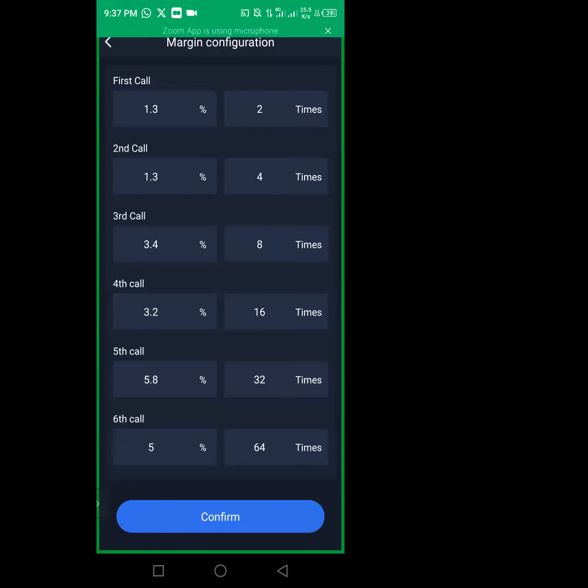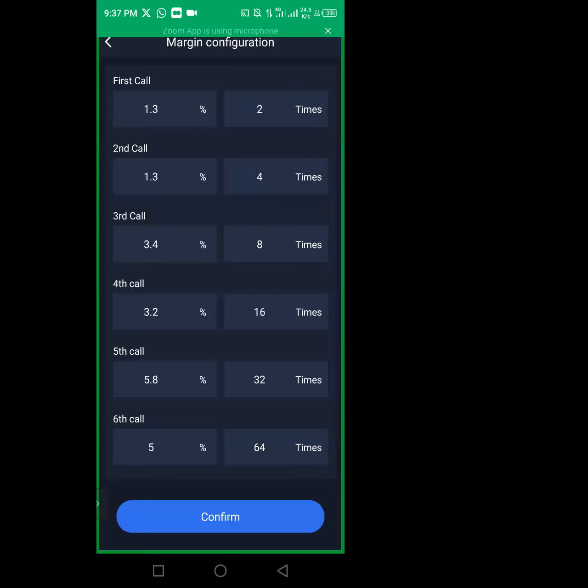Now, if this coin reduces, and the robot buys your fifth margin, and from your fifth margin it buys your sixth margin, and it starts going up, the quantity it buys from the fifth margin and the quantity it buys from the sixth margin, it will sell them individually.